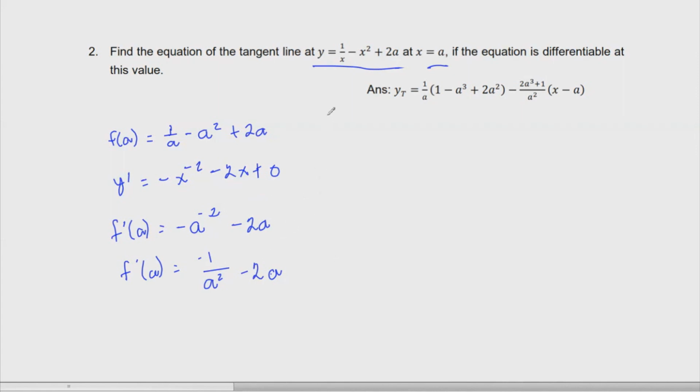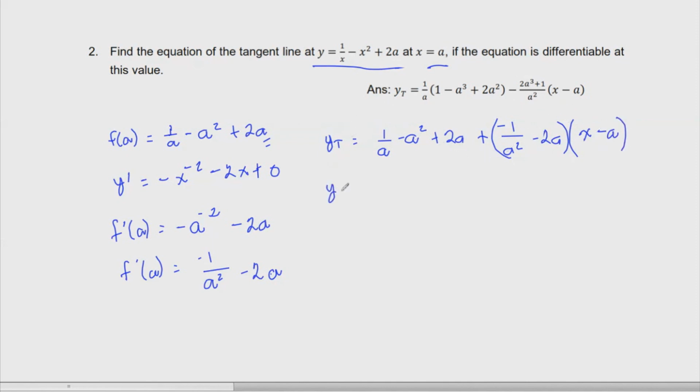So finally, the equation of the tangent line is, you copy f of a, so that's 1 over a minus a squared plus 2a, and then you add the f prime of a, which is negative 1 over a squared minus 2a, and then you multiply this with x minus c. In this case, c is equal to a, so that's x minus a. So this is simply the equation of the line.